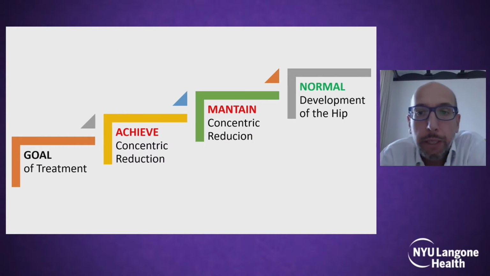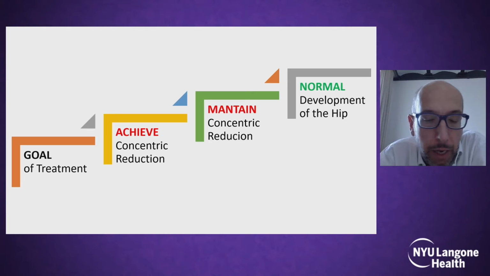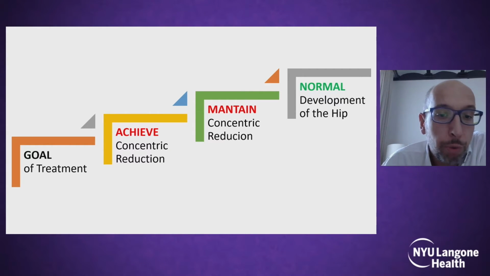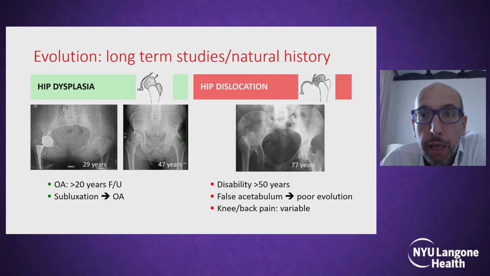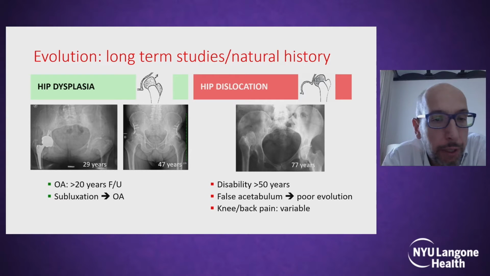So the basic goal in the treatment of DDH, as we have been discussing today, is to maintain a concentric reduction so as to allow the hip to develop normally. Thanks to several natural history studies, we know that dysplastic hips become symptomatic around 20 years of follow-up, and that subluxation leads to the onset of osteoarthritis.